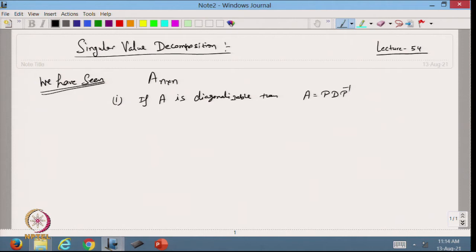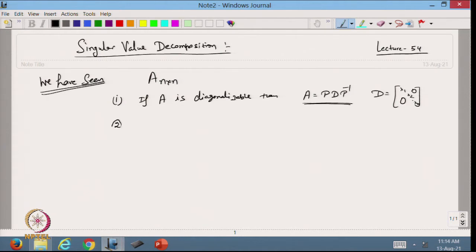In this case my D is a diagonal matrix with eigenvalues lambda, and P corresponds to the eigenvectors. So, we have seen that if the matrix A is diagonalizable, then we can write it like this.